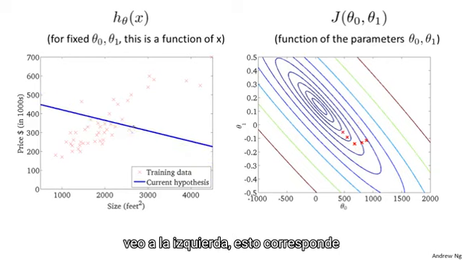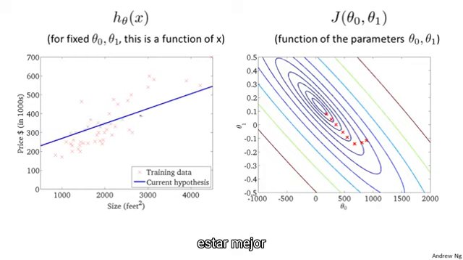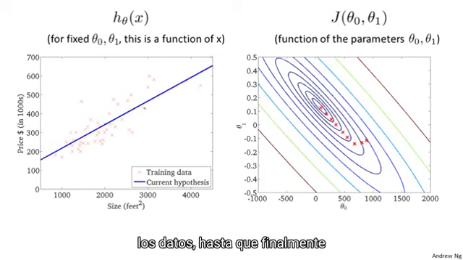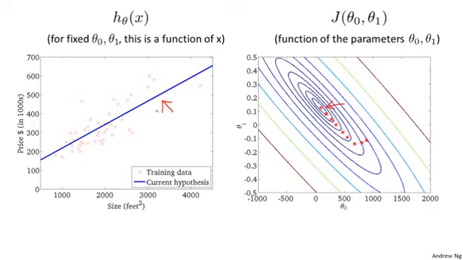If you look on the left, this corresponds to hypotheses that seem to be getting better and better fits to the data, until eventually I've wound up at the global minimum, and this global minimum corresponds to this hypothesis, which gives me a good fit to the data.